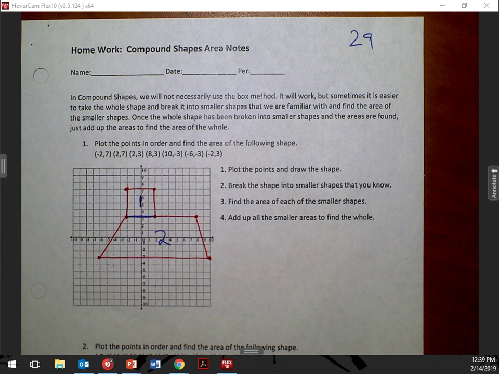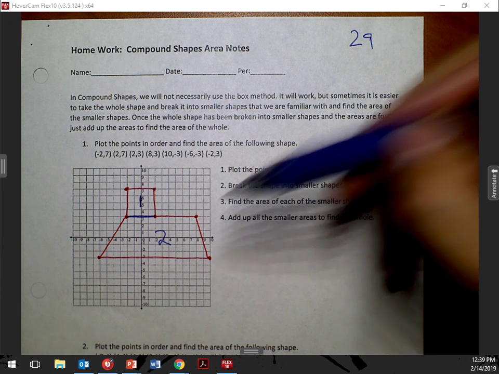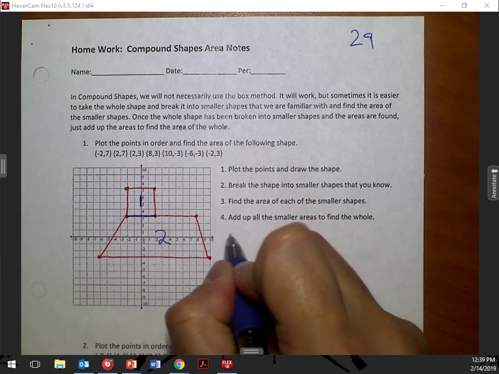Alright, are you guys that far? Yeah. Okay. What is the shape of 1? Square. Looks like a square, it could be a square, let's see. So, area for 1.